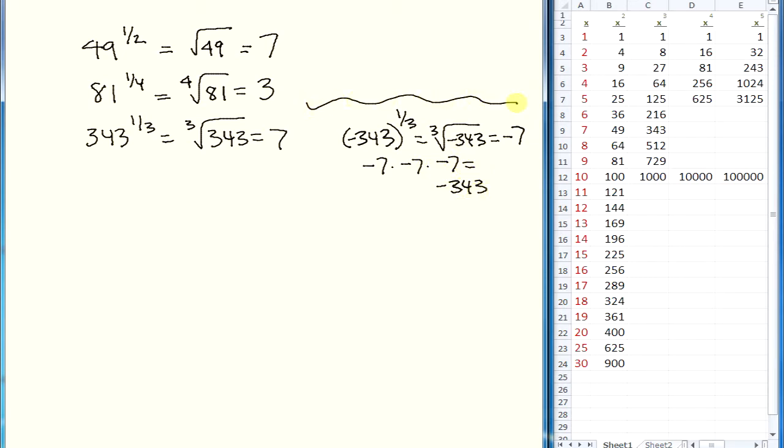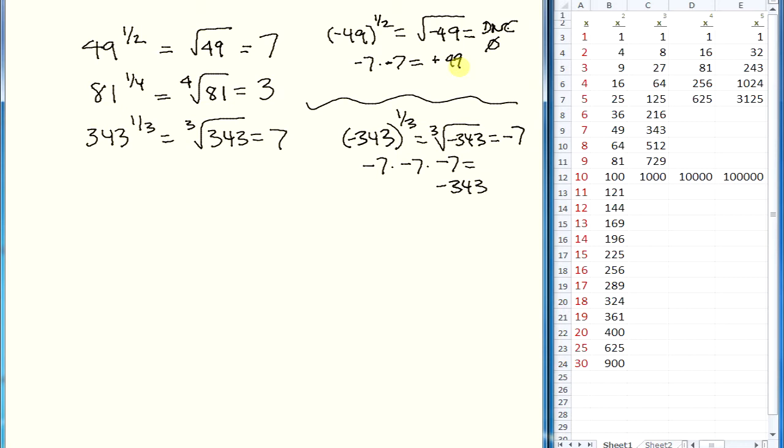The problem is, if I do any of these problems here, specifically the negative 49 raised to the 1/2, and it really won't be any different if I do negative 81 to the 1/4, I'm really asking, what is the square root of negative 49? And the square root of negative 49 for real numbers does not exist, it is not part of our real solution, because you would think that maybe the answer should be negative 7, but a negative 7 times a negative 7 still works out to be a positive 49, so that isn't a square root of negative 49.